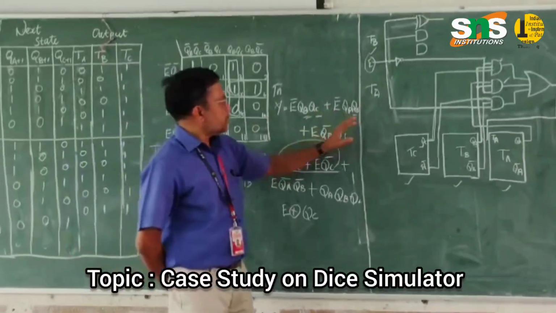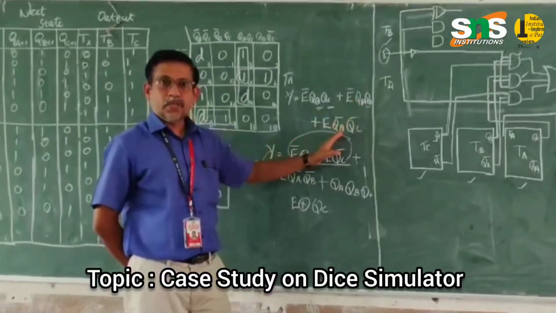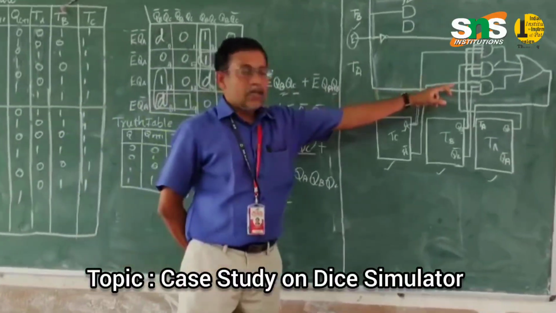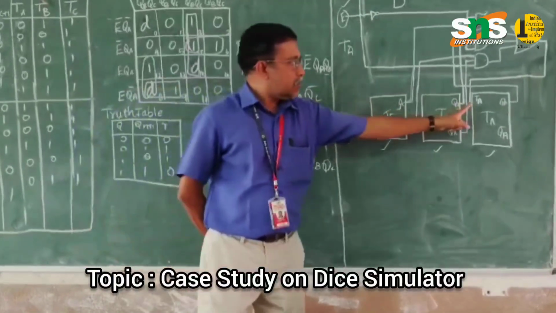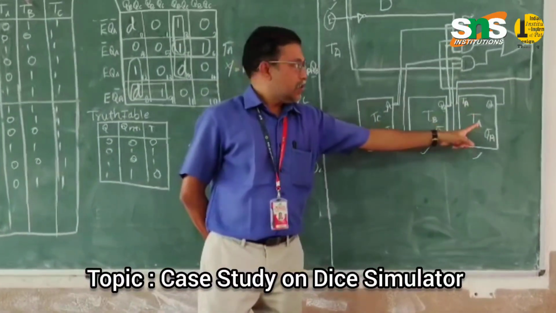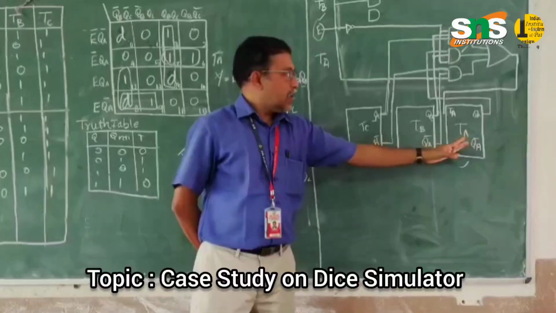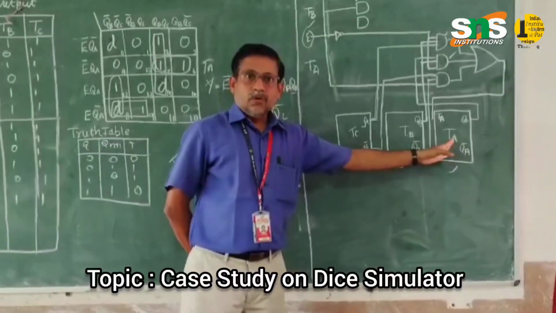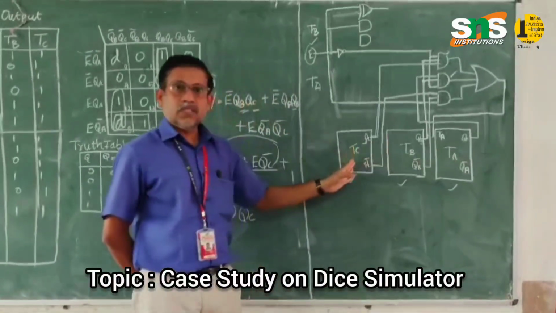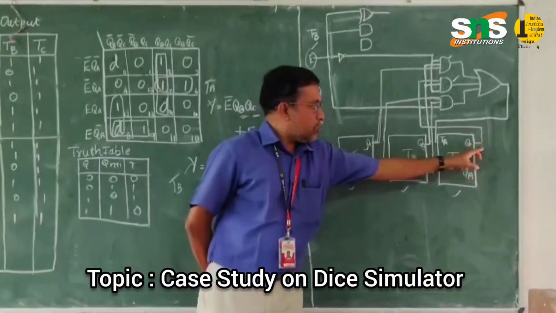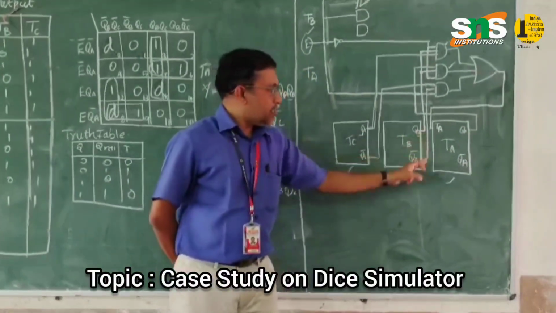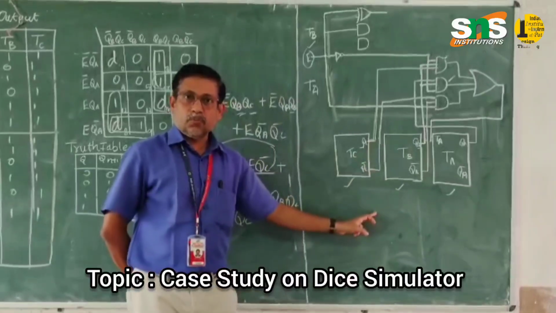As per this expression, three AND gates come into the picture, and the outputs of the three AND gates are connected to an OR gate, whose output is connected to TA. This is the input of the A flip-flop. TA is the most significant bit, and this is the least significant bit. The outputs are taken from the flip-flops: QA is the first output, QB the second, and QC the third.